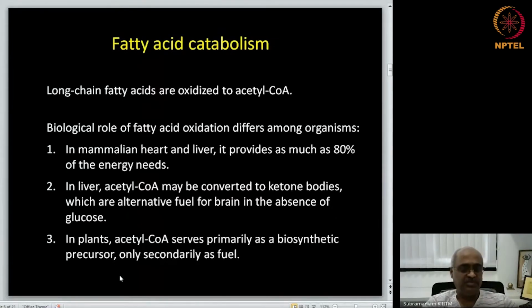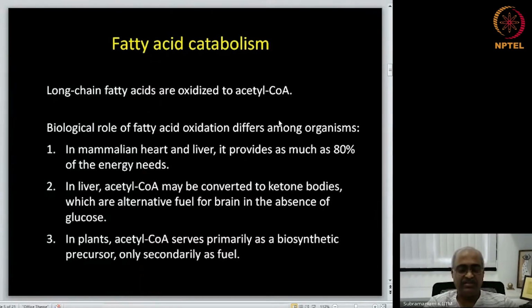Here is some important outline that we need to keep in mind when we learn about fatty acids. The main summary is in this one short sentence: fatty acids are converted into acetyl-CoA. Then we know now what happens to acetyl-CoA, right?